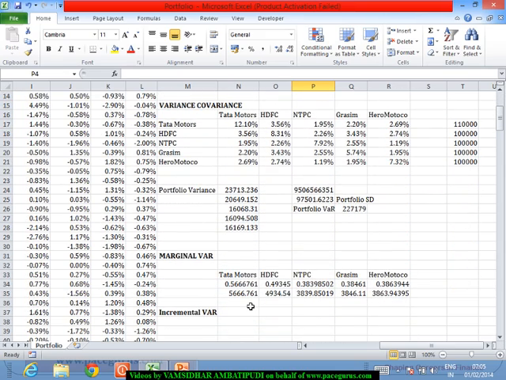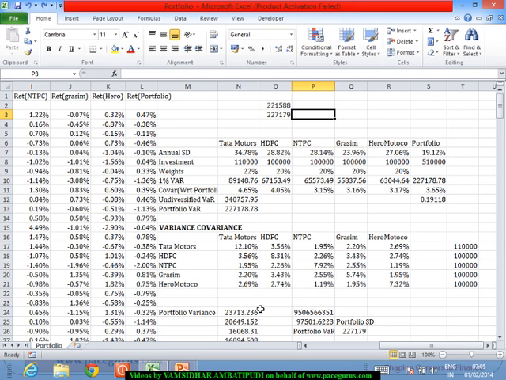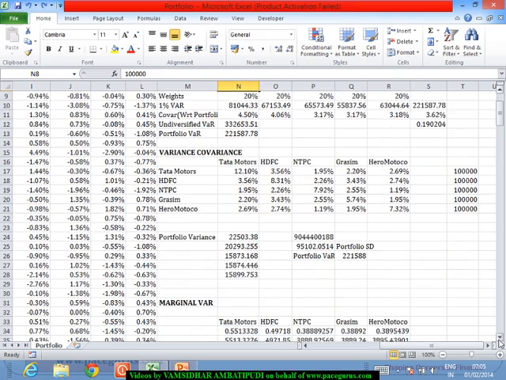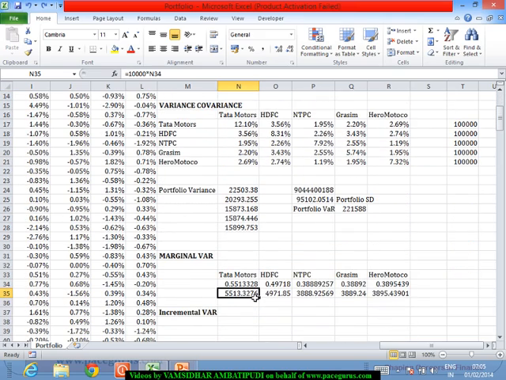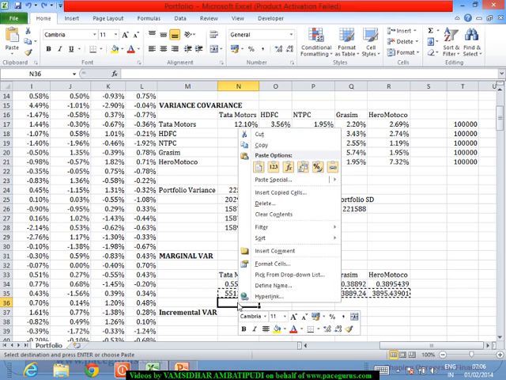Whereas here, I could have modified these numbers earlier. Let me just go back and freeze these numbers. These were the marginal VARs, 5513. Probably if I just do a copy paste.